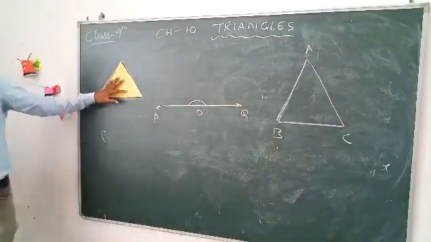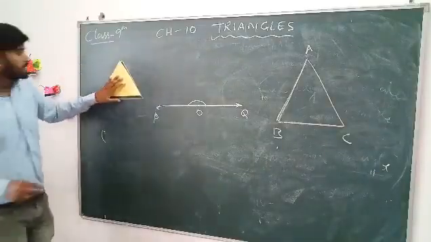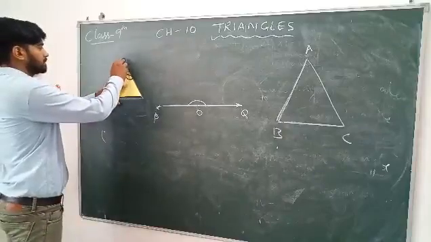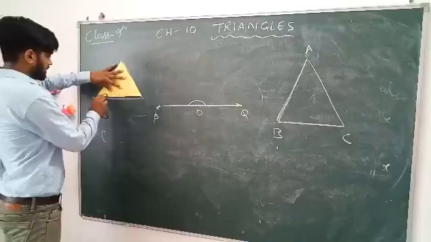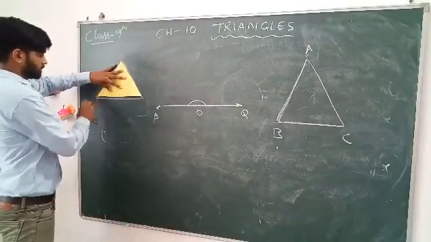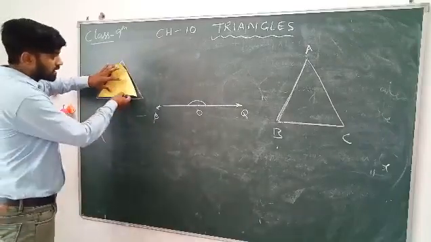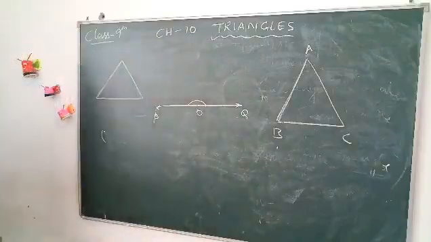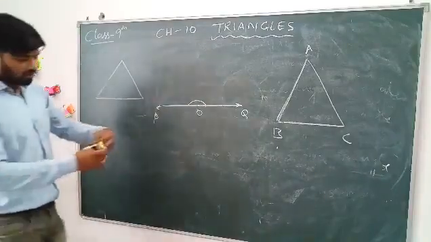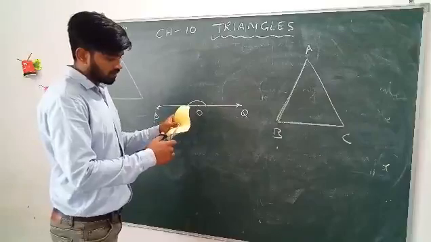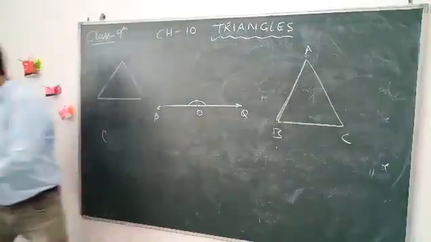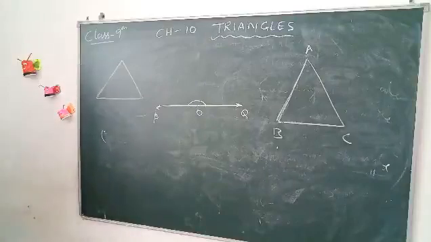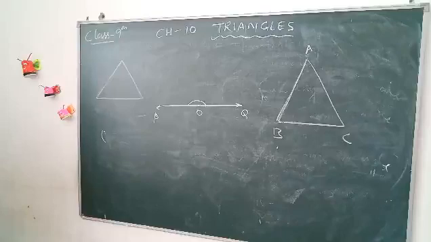For example, let's say that this is angle A, this is angle B, and this is angle C. Now, if I cut all 3 angles, you can see I am cutting angle A and keeping it. I am cutting angle B and keeping it.